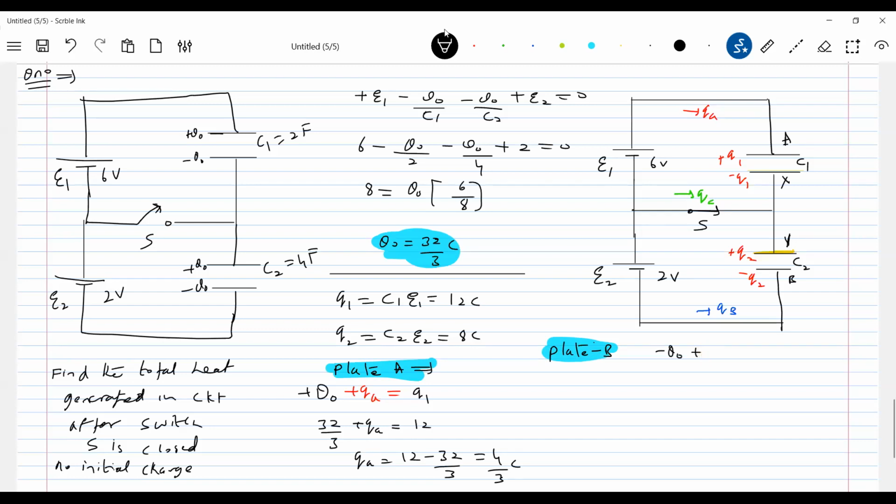Plus QB charge entered there, and it has become minus Q2. Q2 is minus 8. So QB is 8 by 3, 8 by 3.